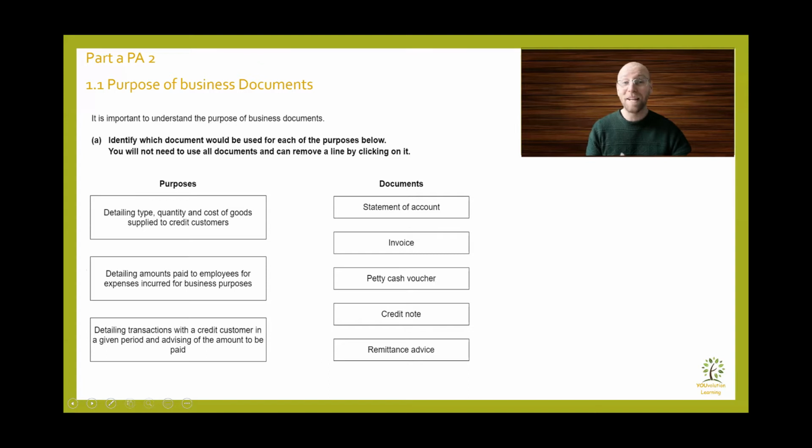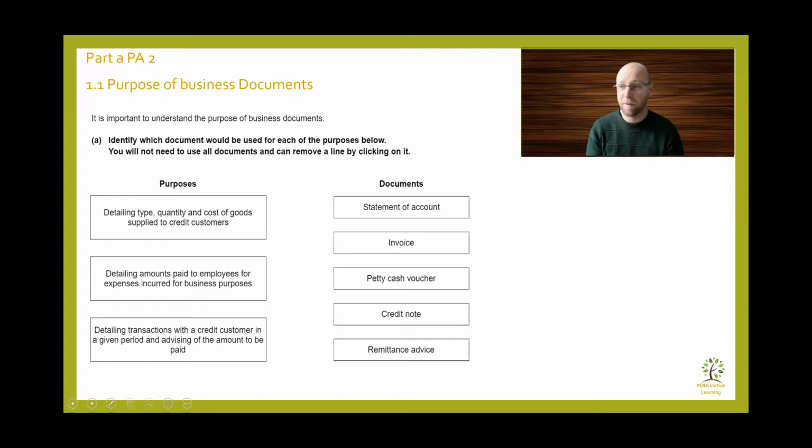Okay, so now we've looked at each of those documents and we understand those a little bit more. Let's link those back now to those different purposes. So the first purpose is, which document is detailing the type, quantity and cost of goods supplied to a credit customer. Sometimes we could get confused with a statement of account, but remember, a statement of account doesn't provide the details of the quantity that's been supplied, the cost, and the types of products or services that have been supplied.